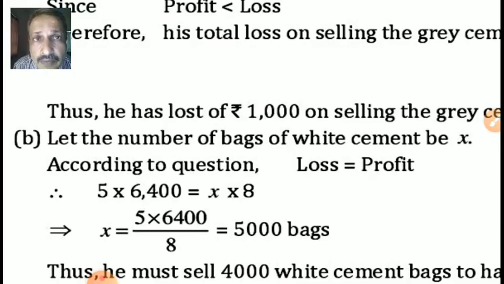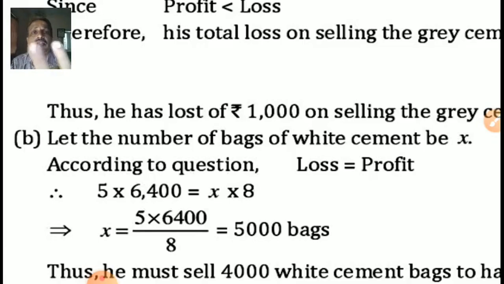So loss of grey cement is 5 rupees, so 5 into 6,400. What about the profit side? Simple. Profit side is X into 8. Simple equation.